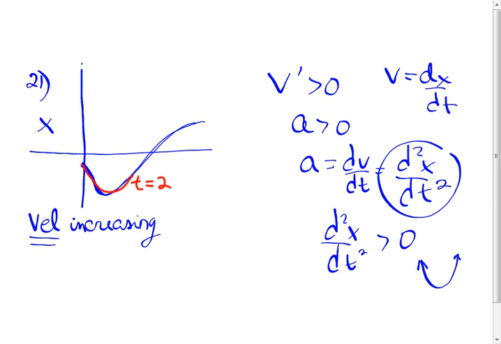Because this is the position graph. Let's say this again. It's multiple choice without the multiple choice answers. Okay, this is the position curve. I want where the velocity is increasing. The velocity is increasing when its derivative is positive. Okay, girls, what's the derivative of the velocity?